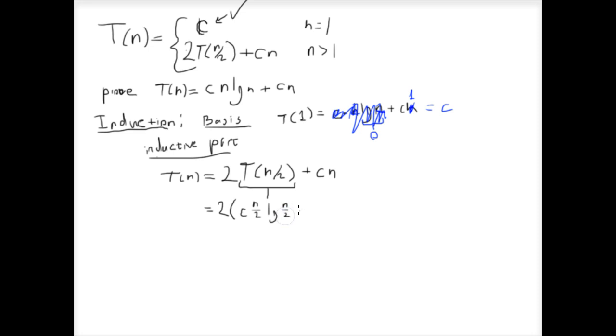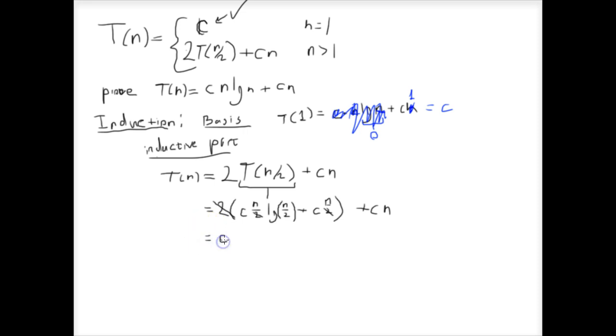So it's c n over 2 times the log of n over 2 plus c times n over 2. So we're assuming that which we were to prove is already true for a smaller problem. And now we've got to simplify that, and if we're lucky, everything will cancel out. So we can cross out the 2's, and we can cross out the 2 there. Be careful, that n over 2 is actually the argument to the logarithm. You can't cross out that 2.